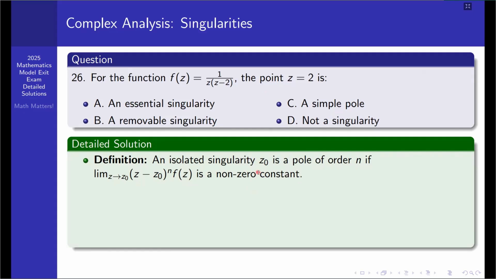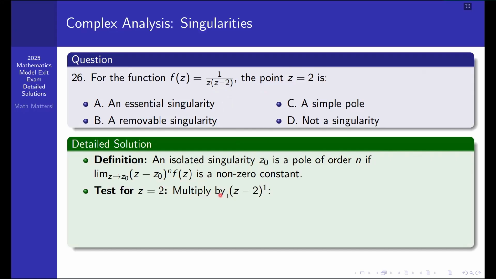Here, if we test or simply check, the isolated singularities are where the function f of z is undefined, that is z is equal to 0 and z is equal to 2. We are asked about the point z is equal to 2, so let's verify it at the indicated point.